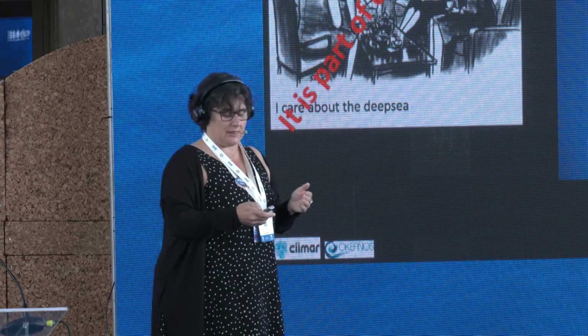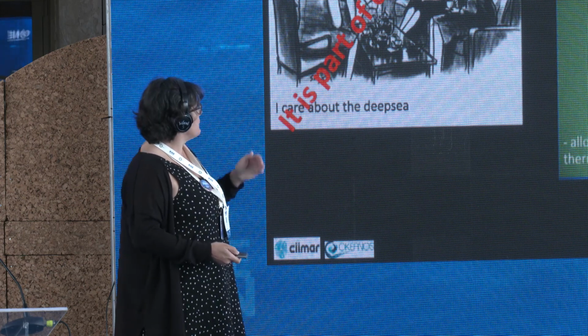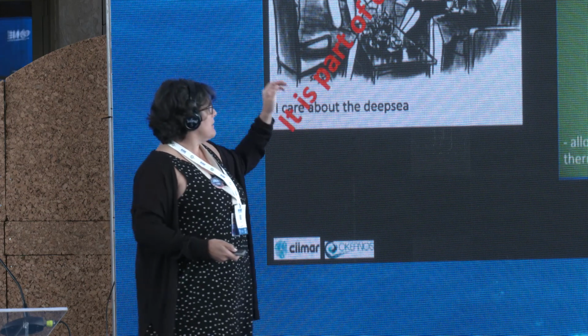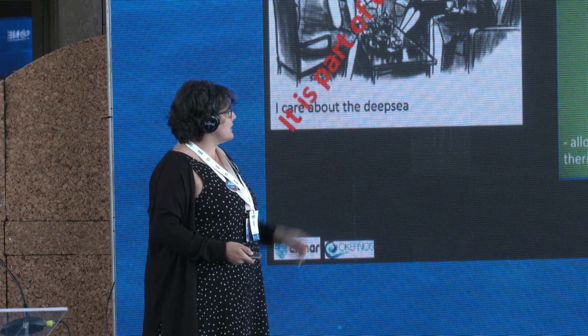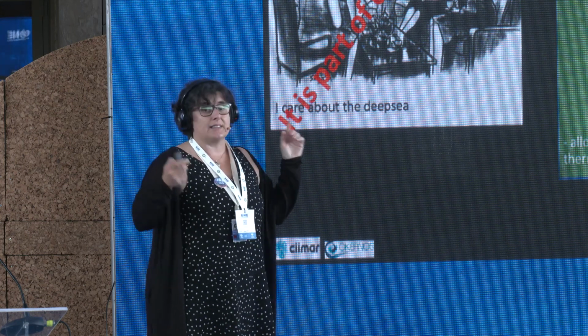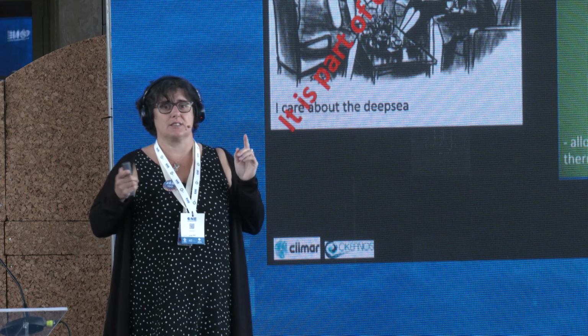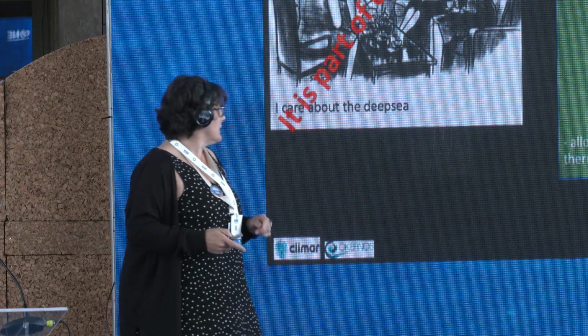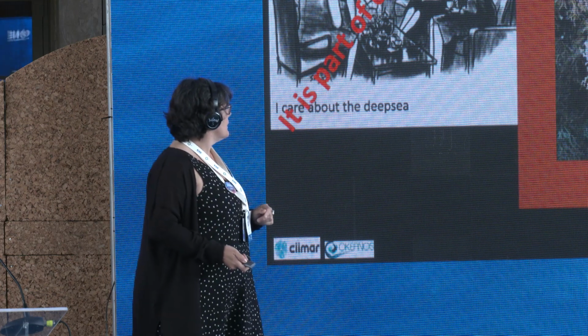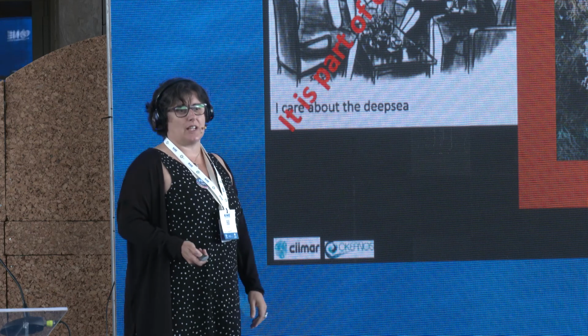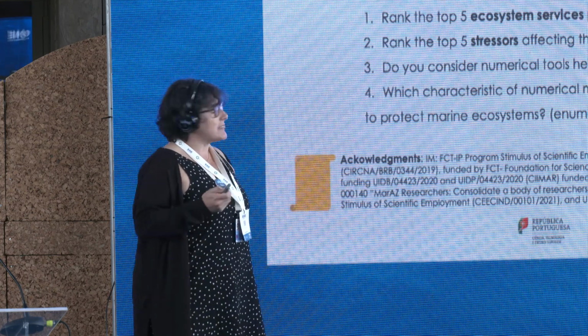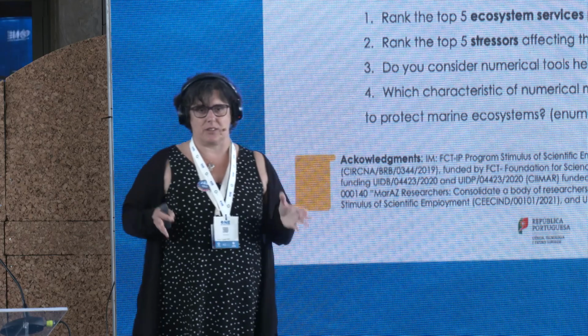It puts food also on our table. It regulates the climate by absorbing the heat and sequestering the carbon dioxide and allowing the thermohaline circulation, our giant thermostat. And again, puts food on our tables. So the deep sea is really, really important.